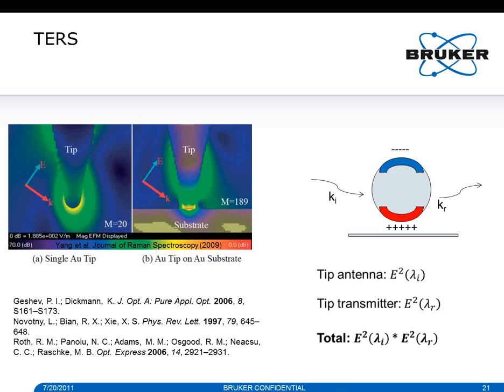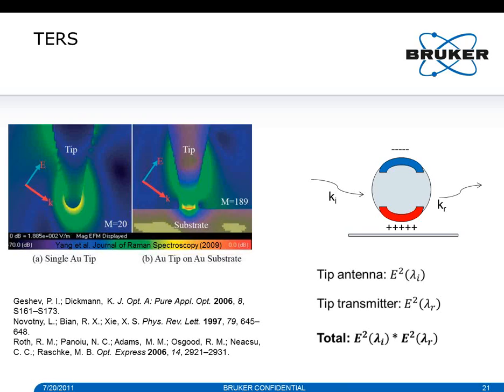You can see that here in the simulation. When you just look at a single tip, you have an enhanced field here of an arbitrary factor of 20. And when you bring in a metal substrate, suddenly you have a field enhancement of 180. That's why you often see in the literature that people use a metallic substrate when they perform TERS measurements, even though it's not necessary, but it definitely helps with the enhancement.